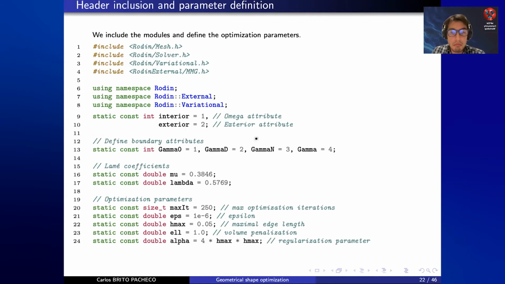You define some boundary attributes. You define your Lamé coefficients that you will use in the resolution of the state equation, and you define some optimization parameters. The actual values are not important. It's just rules of thumb that I have chosen for this presentation.